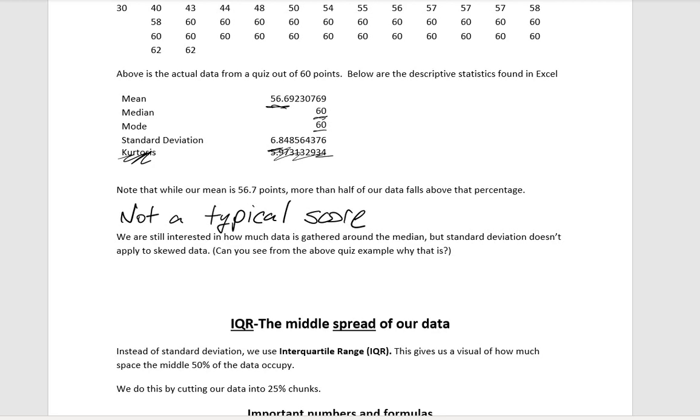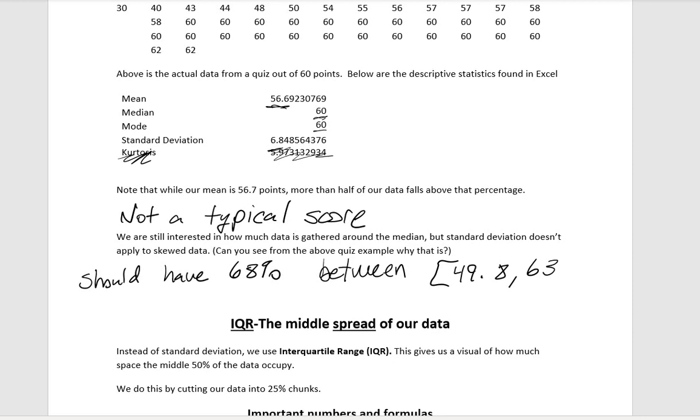Also, if we're still interested in how much of our data is gathered around the median, the standard deviation doesn't apply to skewed data. So if we look at the quiz above, let's try to think about why that is. If we look at the data above, then by the empirical rule, we should have 68% of our data between about 49.8 and 63.4.